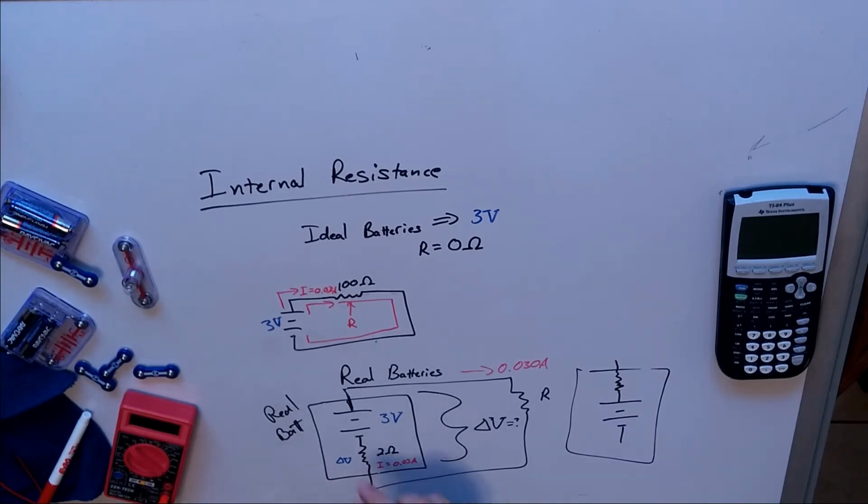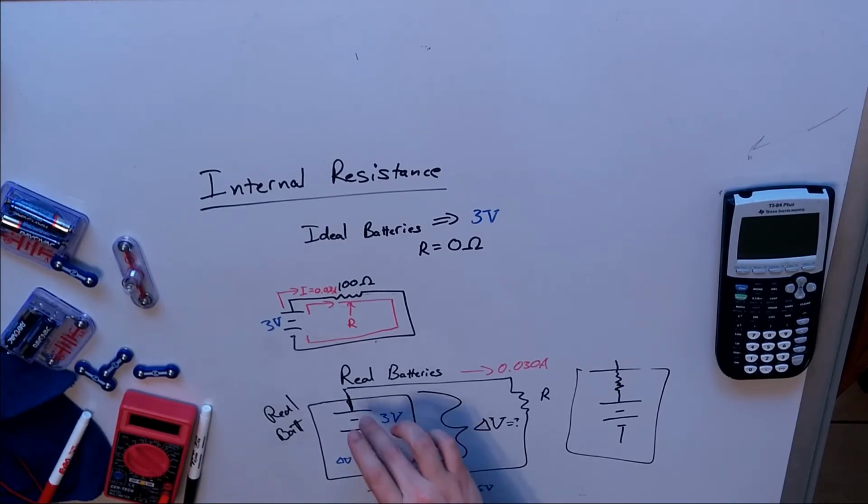The important thing is we've got a battery and effectively a resistor in there. And now when I multiply these out, I know that my delta V would be 2 ohms times 0.03 amps, so my delta V across this resistor would be equal to 0.06 volts.